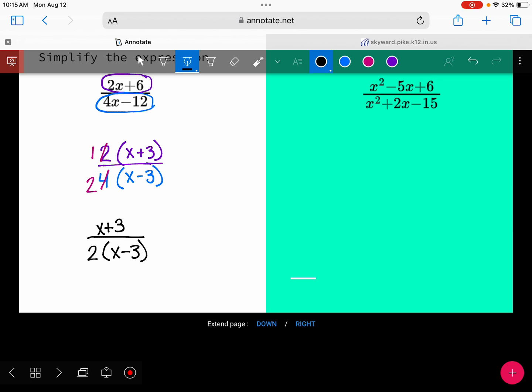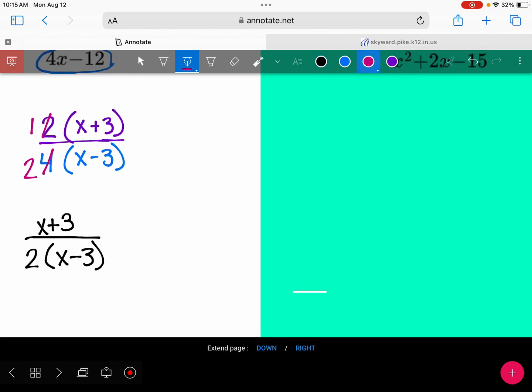It'd be gross, but we could do it. So our x cannot be 3. It can be anything else in the entire existence of real numbers. It cannot be 3, or we have a problem. Okay? Questions on the first one? Cool.